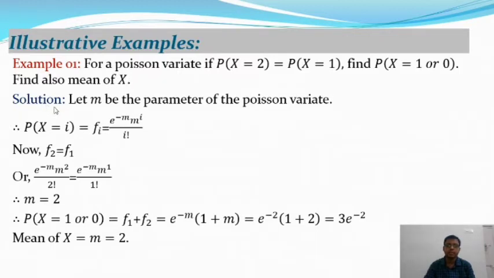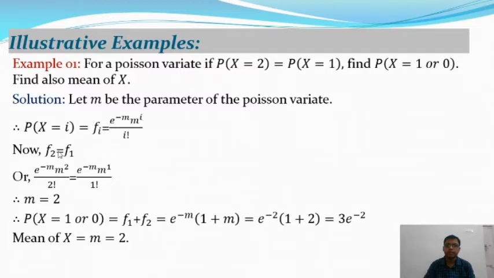Here is the solution of the following problem. Let m, or mu, be the parameter of the Poisson variate. So in this problem I will take m as the parameter of the Poisson variate. Therefore the probability mass function of the Poisson variate, that means the probability of x equal to i, is equal to f_i, which equals e to the power minus m, m to the power i by factorial i.